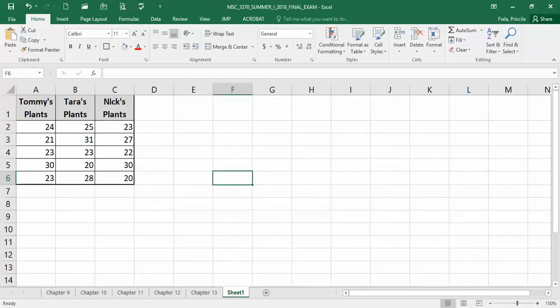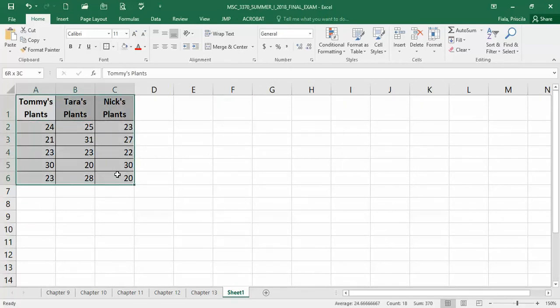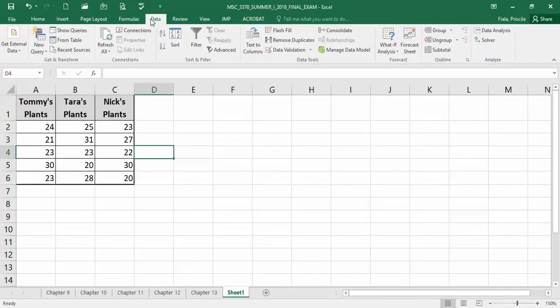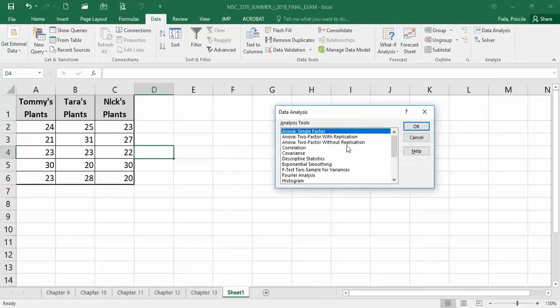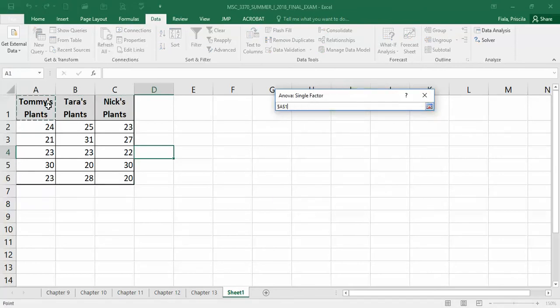All you're going to need to do is select the information. Actually, no, you need to go to Data, sorry, Data Analysis, and choose ANOVA: Single Factor. We're not doing two factor, with or without replication. You click OK, and it's as simple as it asks for the input range, which is the whole table.